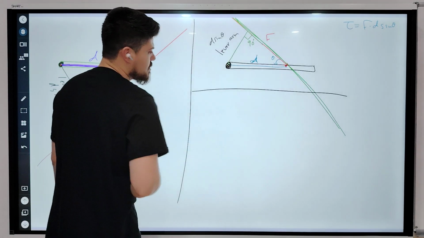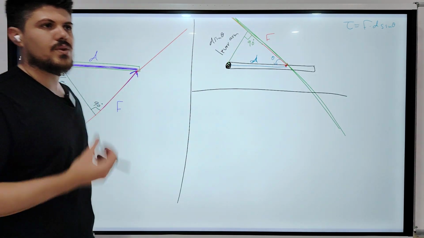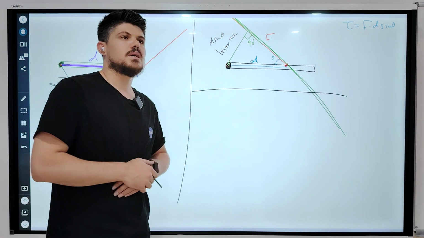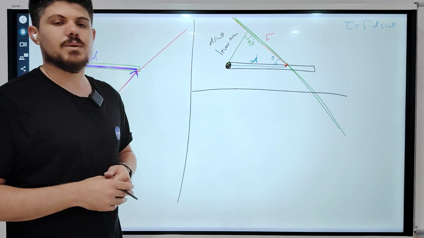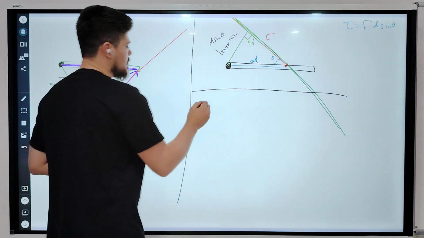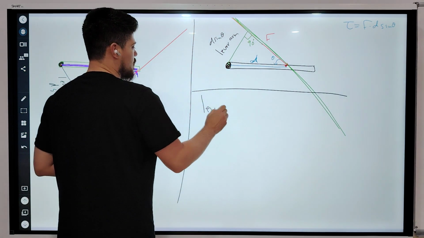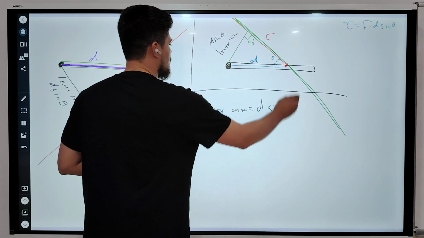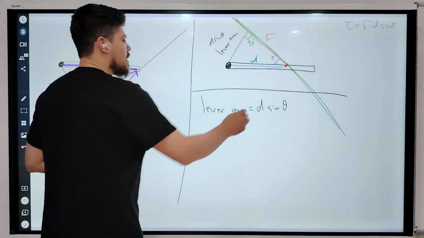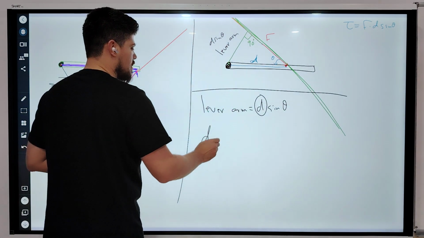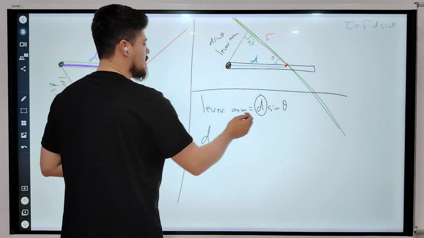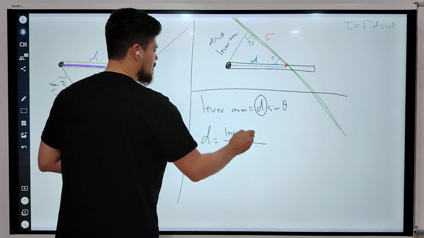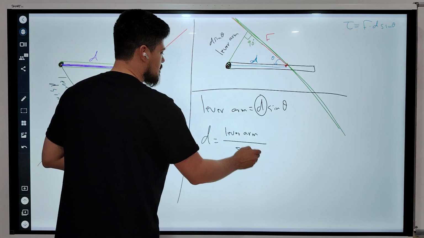Sometimes the question asks us to find the angle by giving the distance and the lever arm, or sometimes the question asks us to find the distance by giving the angle and the lever arm. There is a relation: lever arm is equal to D sine theta. In the case when D is unknown, how can you determine D? By giving the lever arm and angle. D is equal to lever arm divided by sine theta.